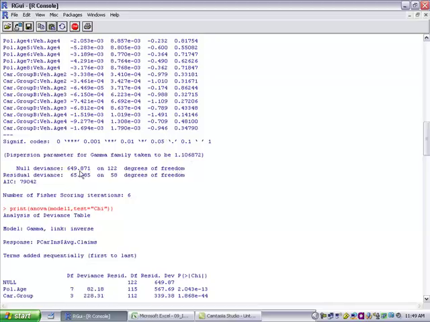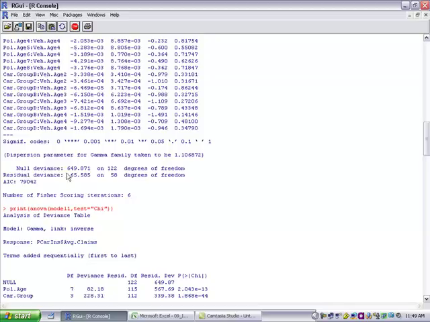Then you have 2 information here, 2 deviances. The first one is the null deviance. That's the deviance you would have if you had only one intercept in the model. The intercept would be the overall mean. In that case, you have 123 observations minus 1 degree of freedom, so you have 222 degrees of freedom.